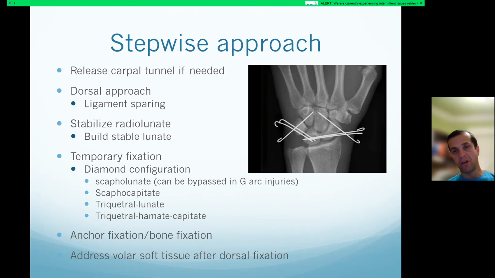This should be followed by repair of the intercarpal ligaments with anchor fixation or bone fixation, depending on the preference of the surgeon, and finally repair of the extrinsic ligaments where possible.